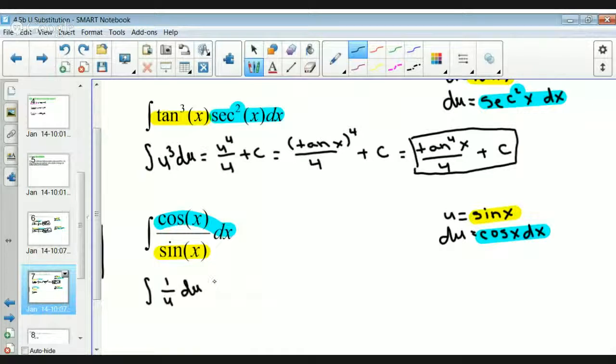All right, so now I need to find all antiderivatives of 1 over u. And what is that? That's one of our special ones, you remember? This is natural log of the absolute value of u plus c. All right, substituting what u is, we get natural log of the absolute value of sine of x plus c. And that is our final answer.